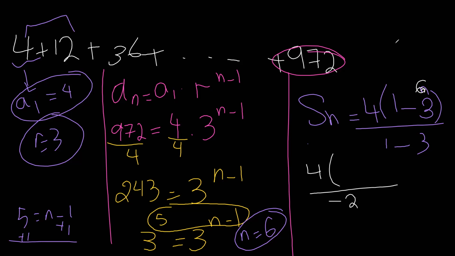Here now it is 1 minus 729, which is negative 728, times 4 divided by negative 2. The summation will be 1456. Is it clear now? Yes. Okay, thank you.